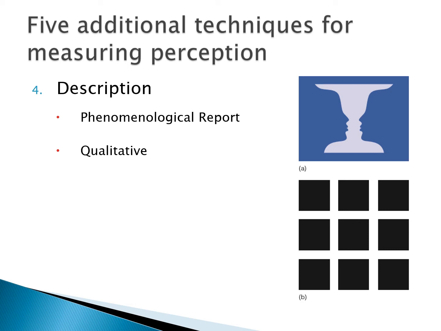For me, I go back and forth very quickly between the faces and the vase, and it's a little bit frustrating actually, and I think it's just because I've seen it so many times. Oftentimes people will see the vase or see the faces. We're always going back and forth.